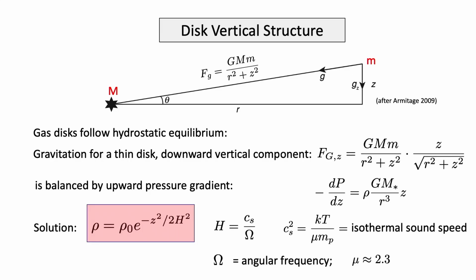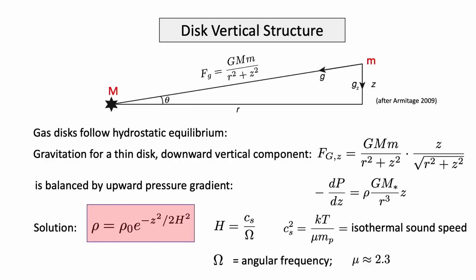We solve it and find the pressure profile, the density profile. And what you find is the density or the pressure is highest in the midplane of the disk, in the equatorial plane, and gets lower and lower. The profile is a Gaussian function, e to the minus z squared over 2h squared. These are components that you need to formulate what h is.